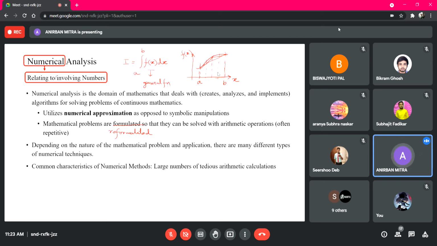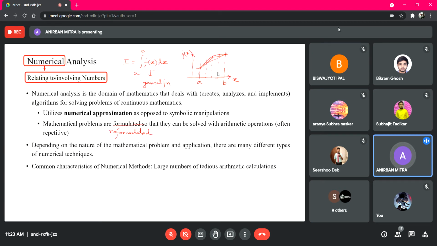The common characteristic of these different numerical methods is that all of them deal with large numbers of tedious arithmetic calculations. There would be a very large number of arithmetic calculations that need to be performed to give you acceptable results with minimum error.